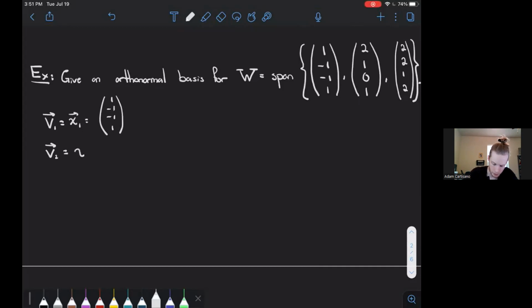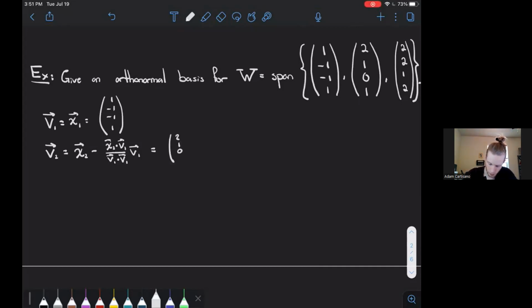It'll be x2 minus (x2 dot v1 over v1 dot v1) times v1. After all, this is the perpendicular component of x2 to the subspace spanned by v1.